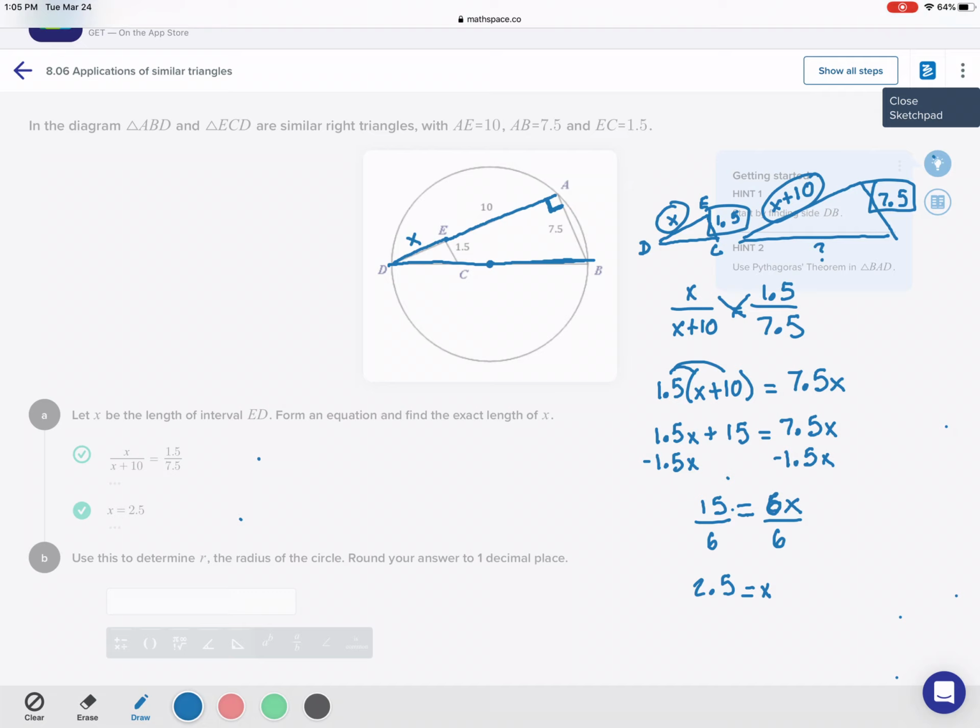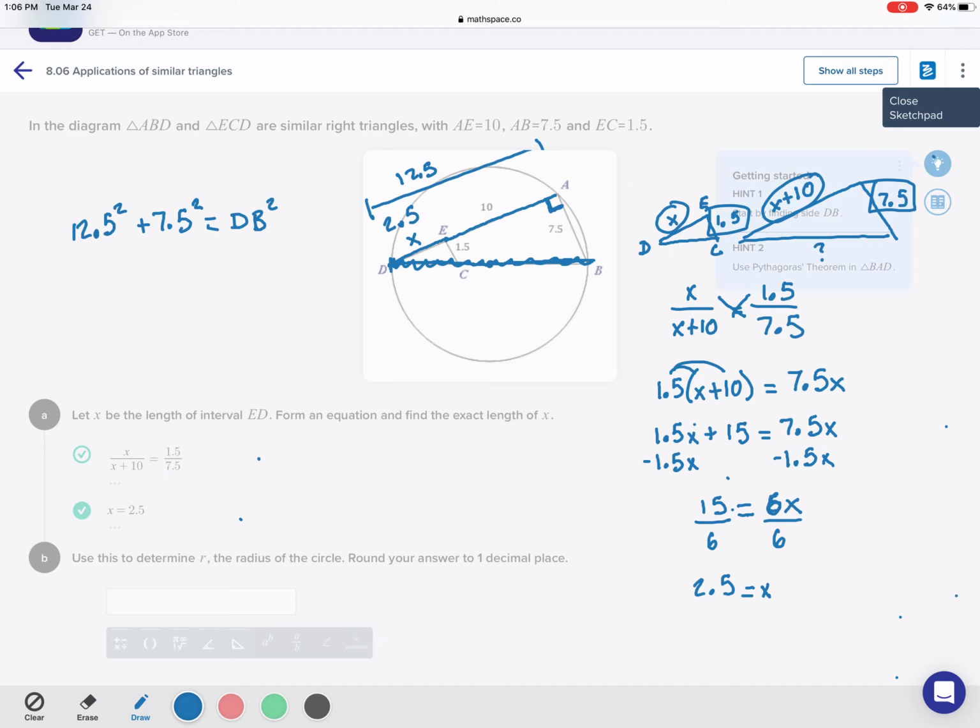Okay, so here's what we got to do. If I can find this length right here using Pythagorean theorem with my other two sides. So remember this x is 2.5, which means this full piece is 12.5. So we got 12.5 squared plus 7.5 squared equals DB squared.